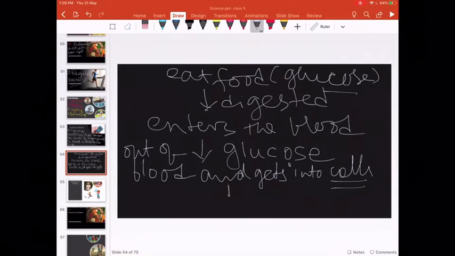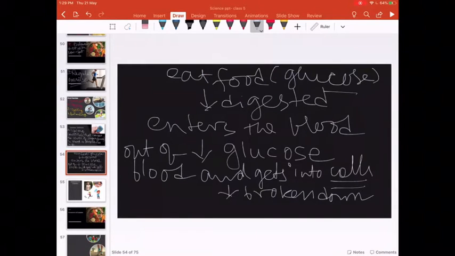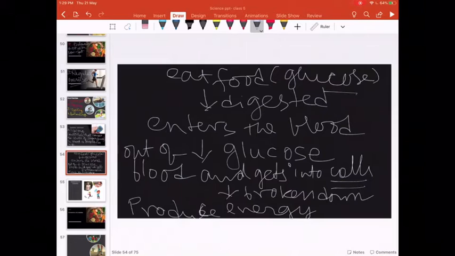And in these cells, you know, students, what happens? They are broken down in these cells. And what happens due to the breaking down of the glucose in the cell? It gives energy to the body. This is how we get energy.